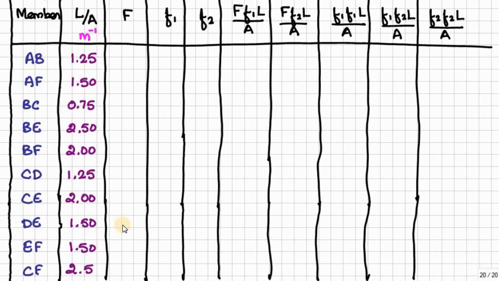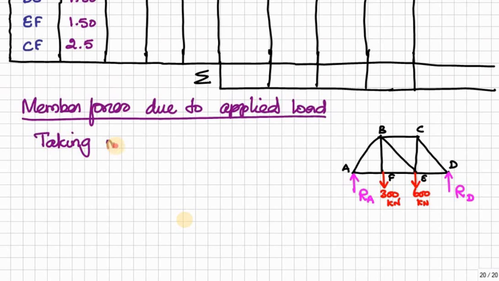So to fill up the next column, we have to use the method of joints. Before applying the method of joints at each joint, first we have to find out the reactions, because the primary structure is a determinate structure. So you can apply equations to get the reactions, which will be used in the method of joints.